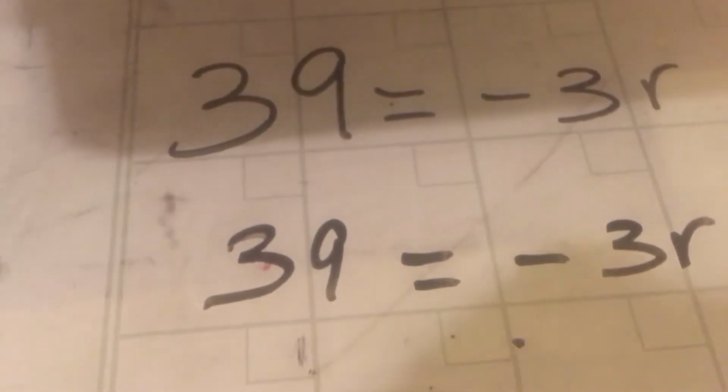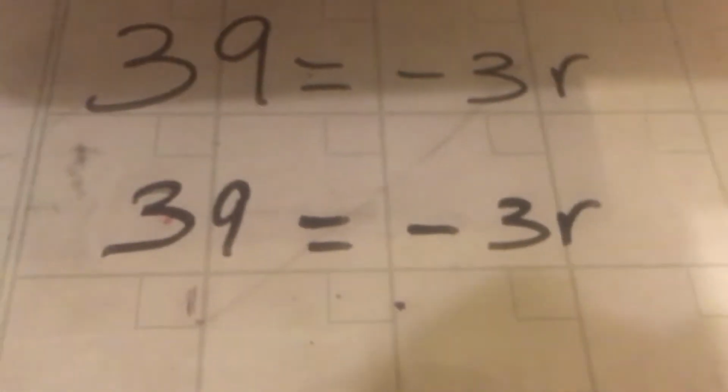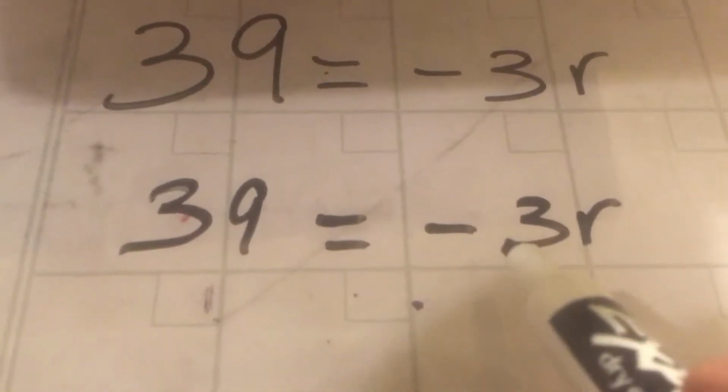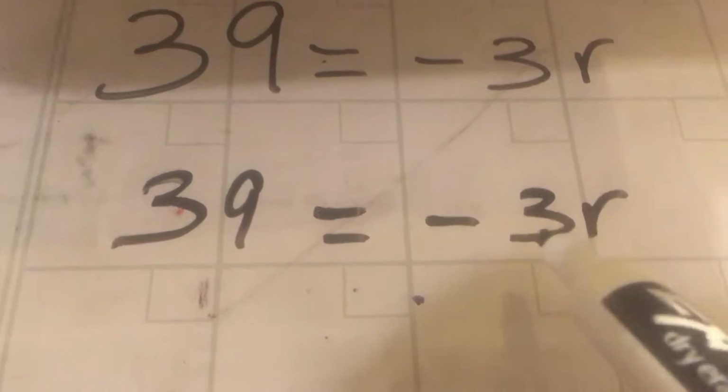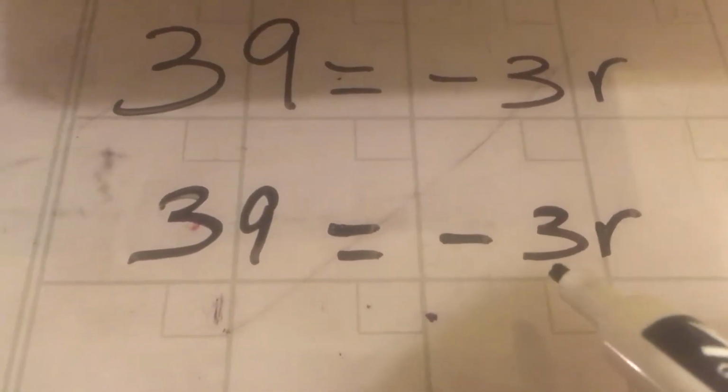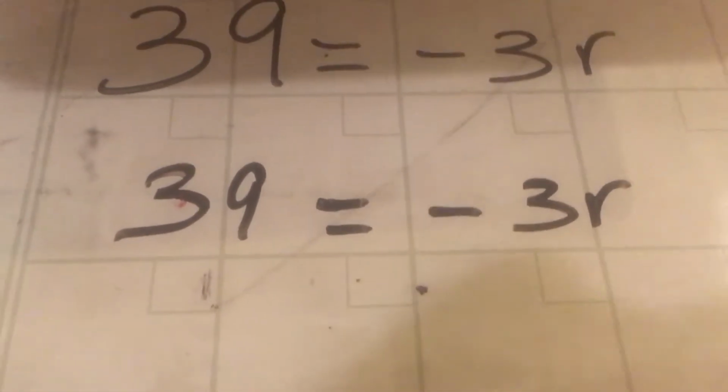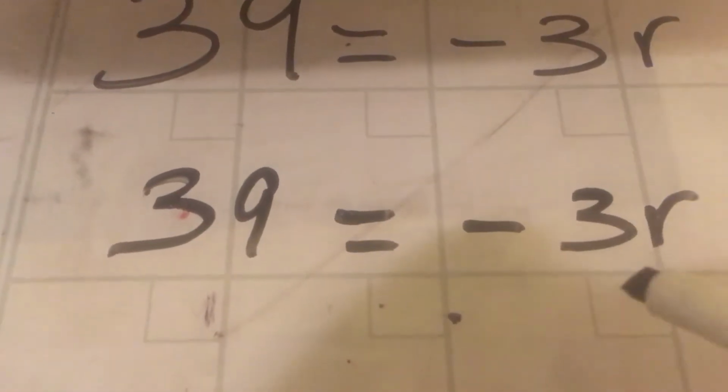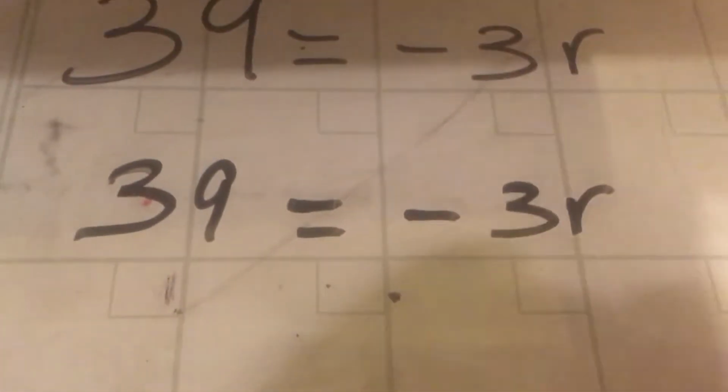Okay, now in this case, we're dealing with multiplication. Remember, two numbers side by side means multiplication. So to undo multiplication, we're going to use division. So we're going to divide by -3 on both sides.